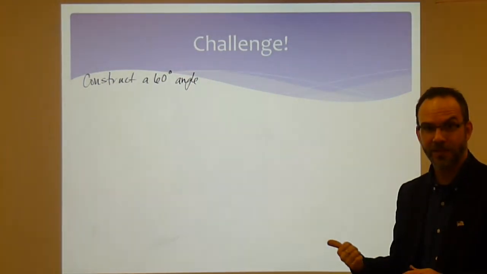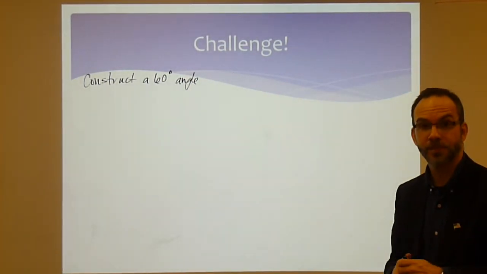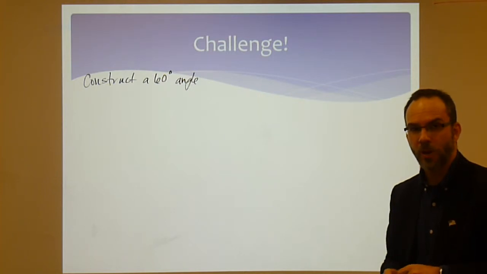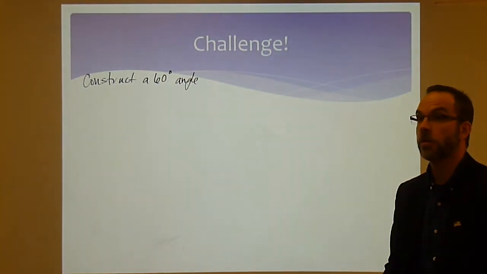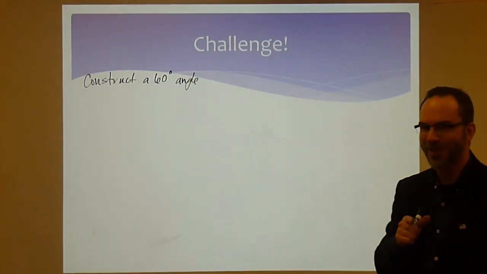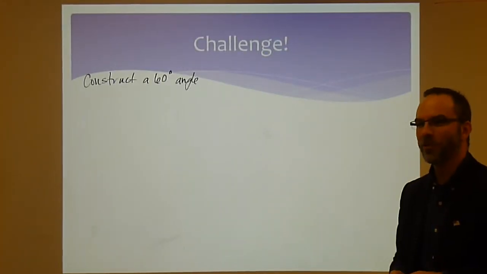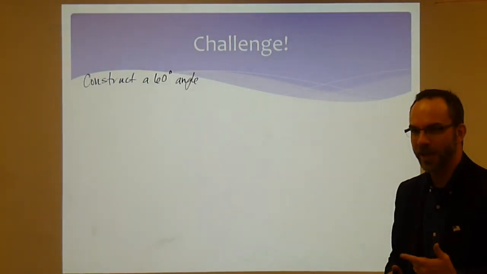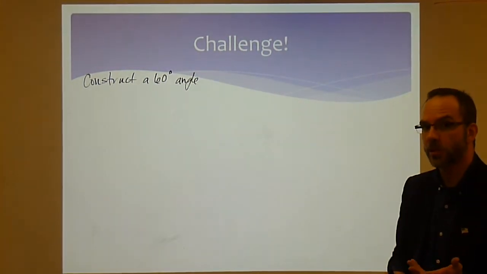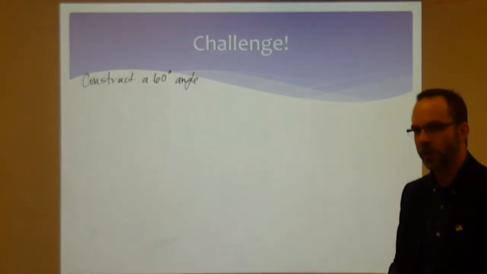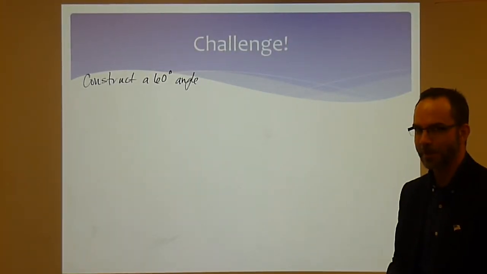Just like the kite or the rhombus for those previous ones. What I was really doing was drawing a rhombus, or a kite, or a triangle. Remember I almost said triangle a second ago? There's a way that you can draw a 60-degree angle as a side product of drawing a particular kind of triangle. What kind of a triangle can you draw that's got a 60-degree angle?